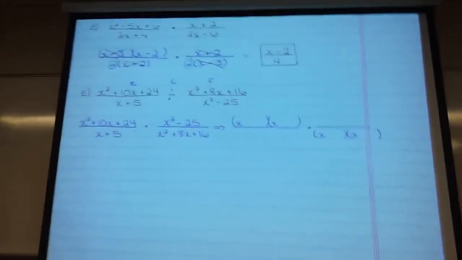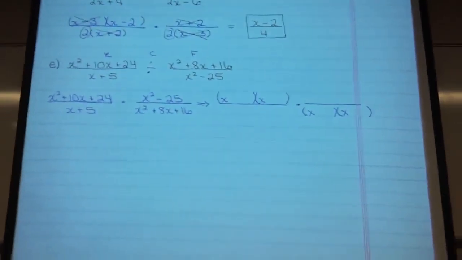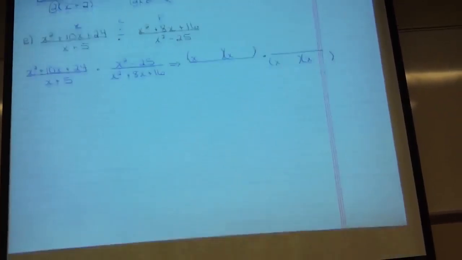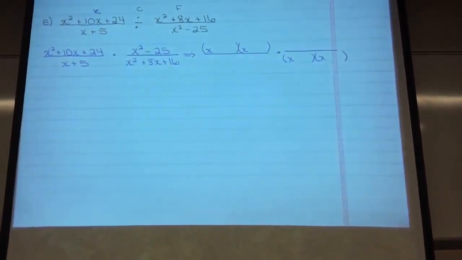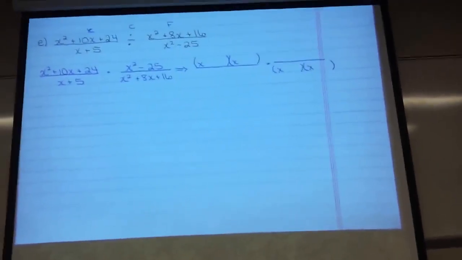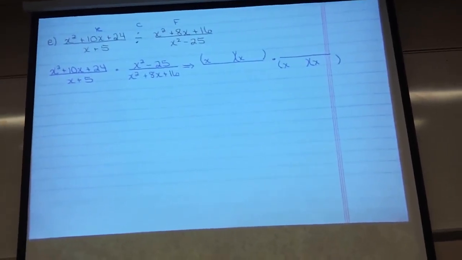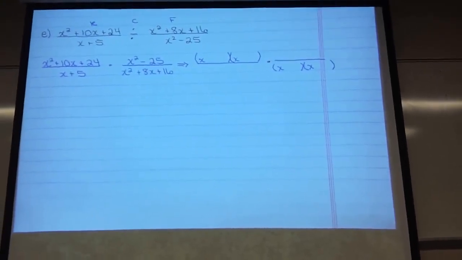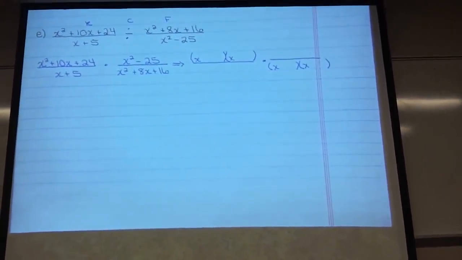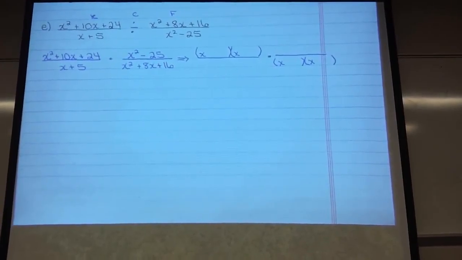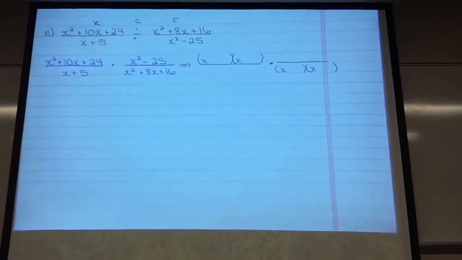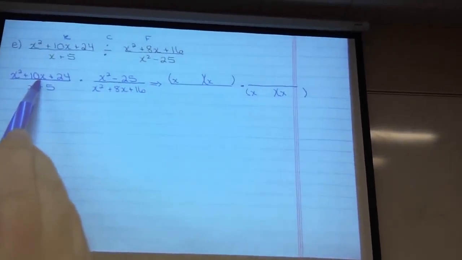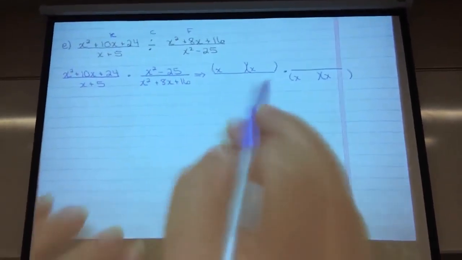Always factor down. Well, the first one, what were your two numbers you chose with this one? 6 and 4.